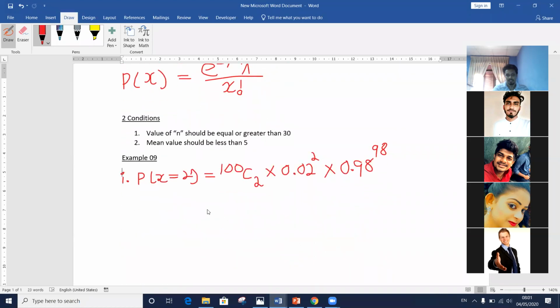Right? So what is the probability here? You remember the calculator: 100 shift division 2, into 0.02 to the power 2, into 0.98 to the power 98.